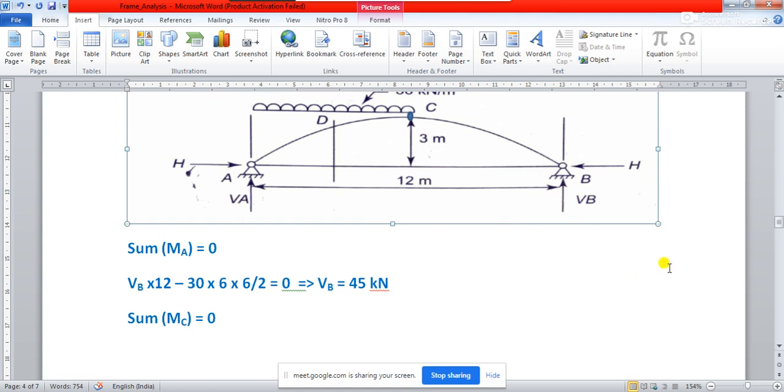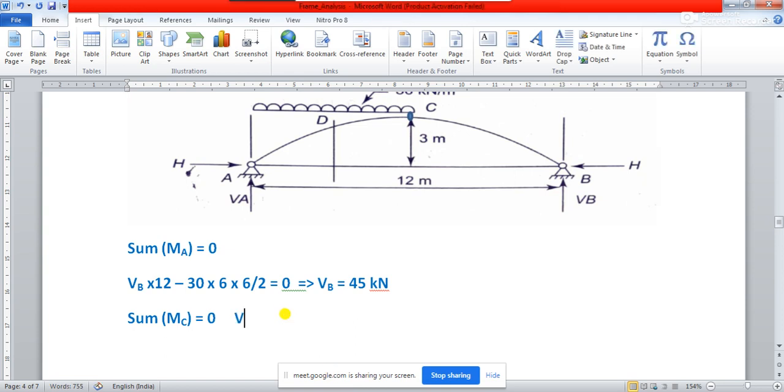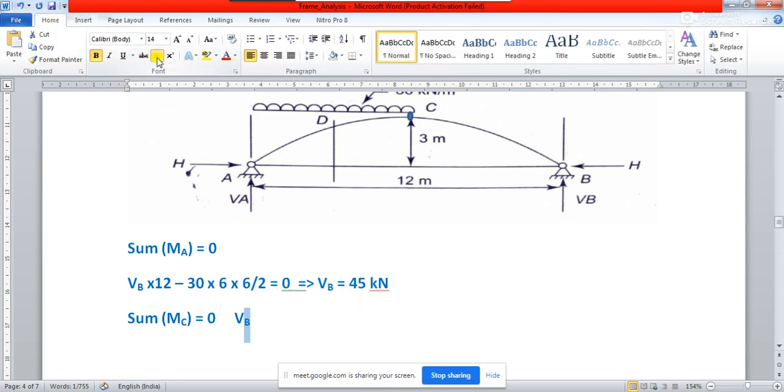Moment about C is going to be nothing but VB multiplied by how much it will be? So you are taking moment about this point C. So the distance from this point B to this is 6. So will it be positive or negative?